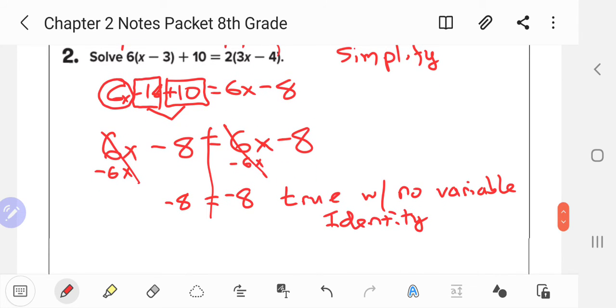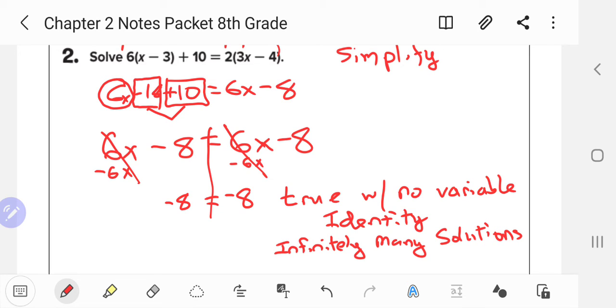And our solution is infinitely many solutions. That means pretty much any number you plug into this problem, it's going to make it true.